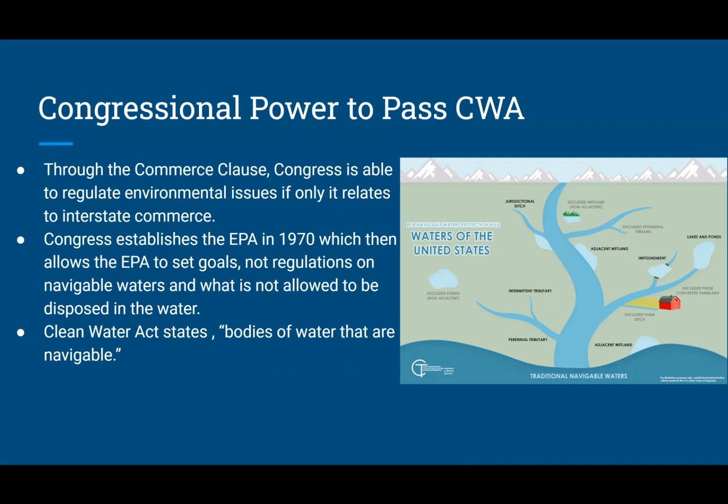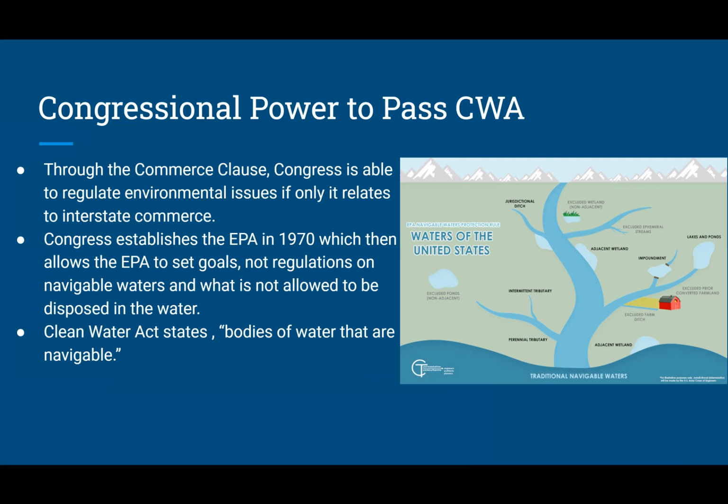And I feel like that's key in order to understand that the EPA is there to establish goals and not to regulate. Having bodies of water that are navigable in the act grants Congress access to regulate and pass legislation.